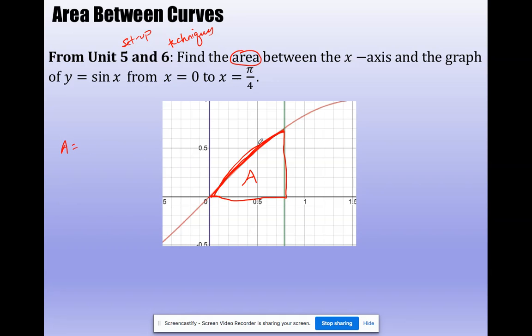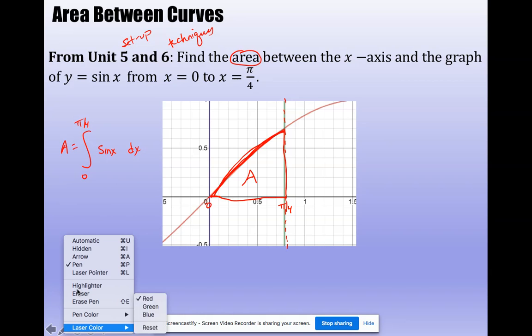The area, because the function is above the x-axis, goes from 0 to pi over 4, and x equals pi over 4 is this line. And you would say my x bounds were 0 to pi over 4, and I was integrating sine x with respect to x. We kind of ignore the dx, and if we don't put it, it's not that big of a deal. And we know how to do this with our calculator, Math 9. We also know how to do this by hand because we know the integral of sine x. And we could get this area.